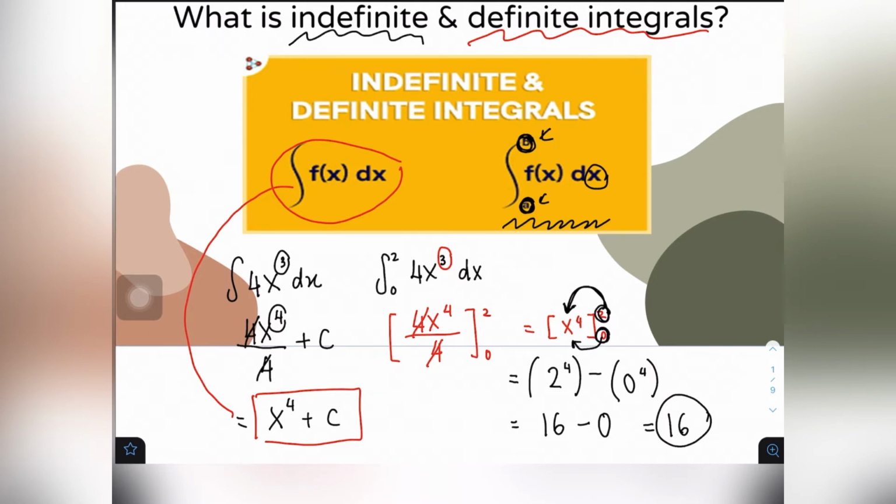But if you have a definite integral, meaning you have the limit for your integration, okay, the final answer will be in the form of a value. Okay, so this is how we differentiate the indefinite and definite integrals, and how to solve the definite integrals.